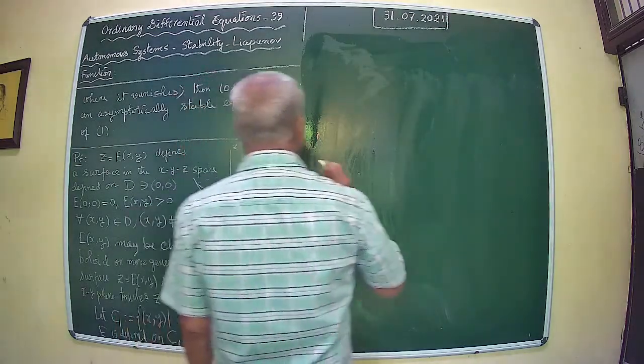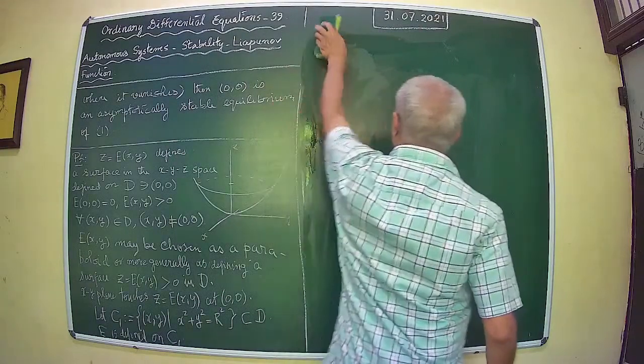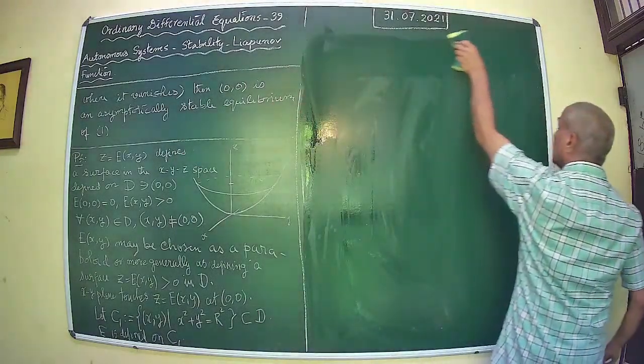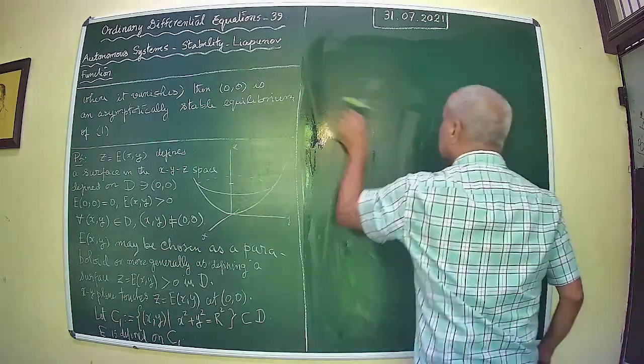So C1 is a closed bounded subset of R2, that is, it is compact, and E is continuous.